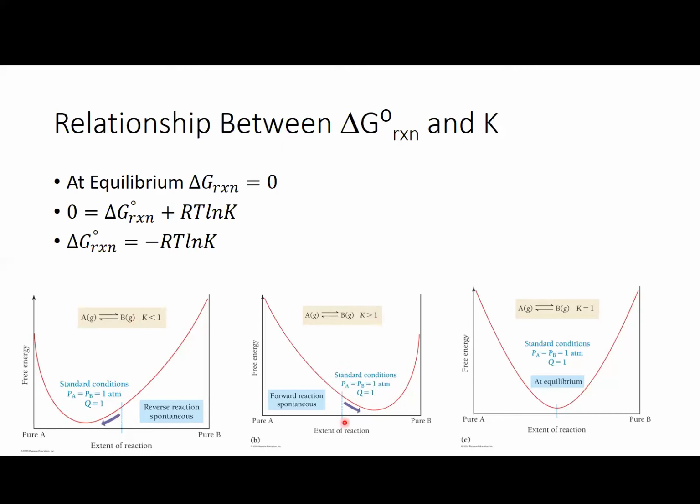That means that I've got too much reactant, not enough product. And so that means that the forward reaction is spontaneous. And here, if my K is equal to 1 and my Q is equal to 1, that means I'm at equilibrium, so my delta G should be 0. So right here, this would apply.